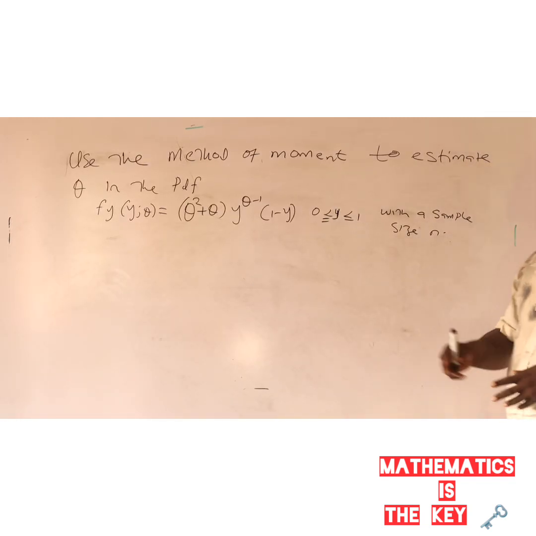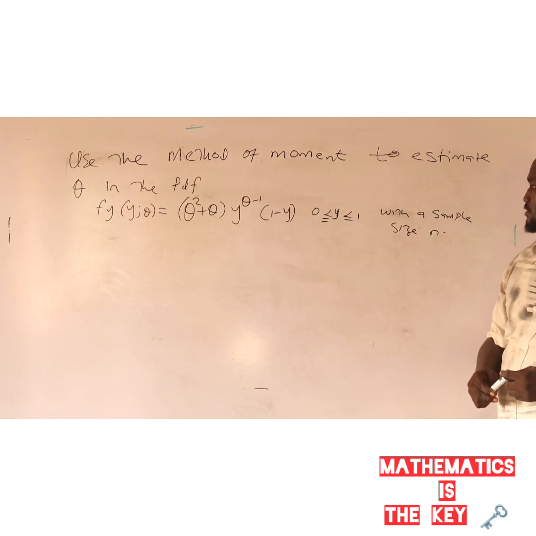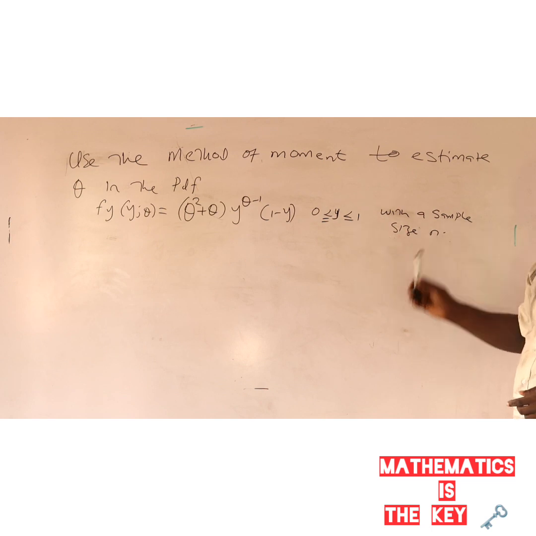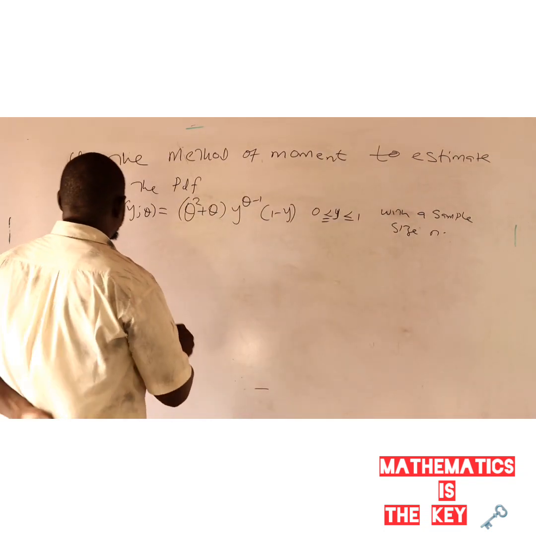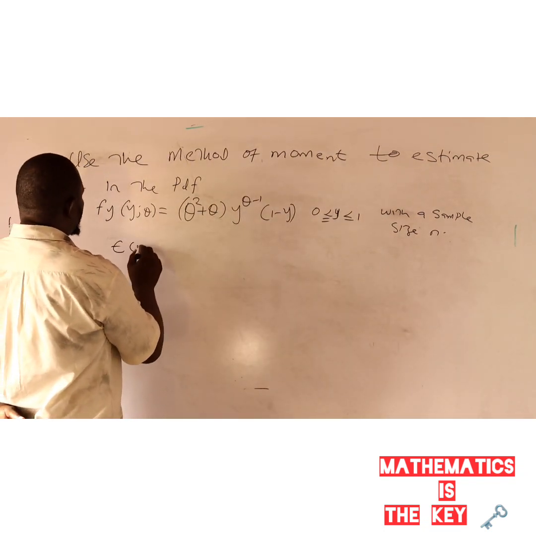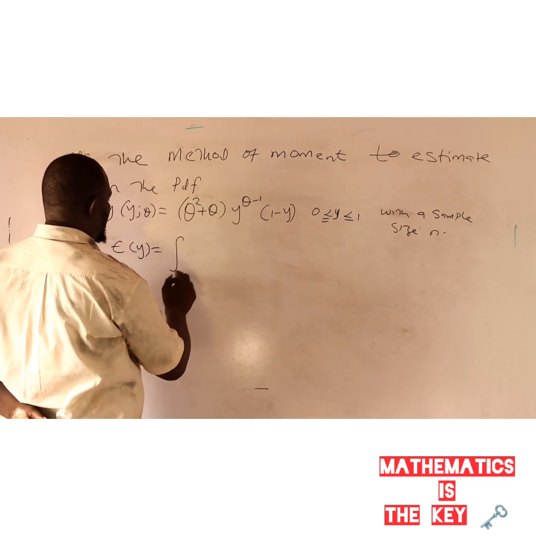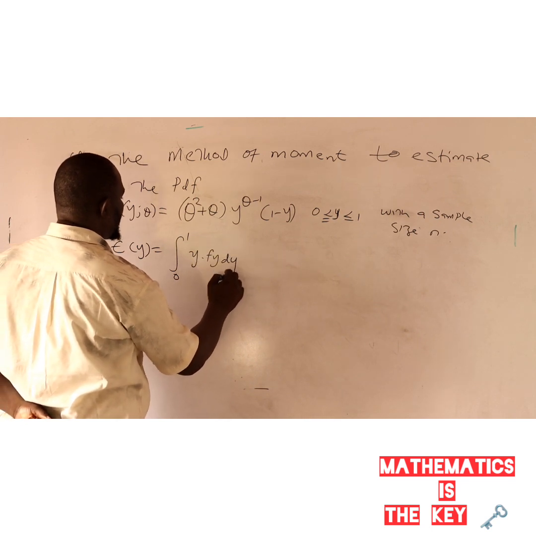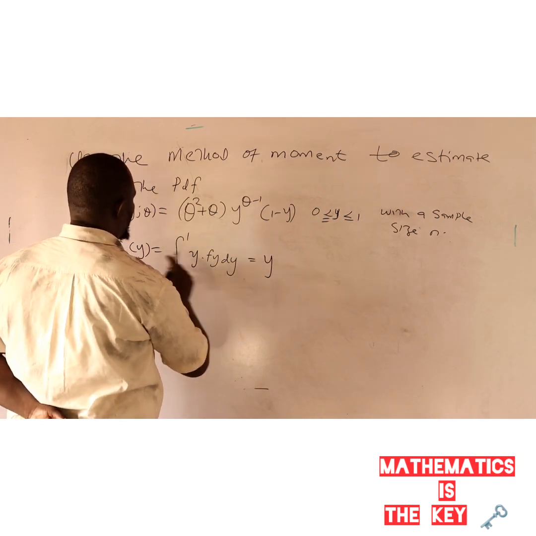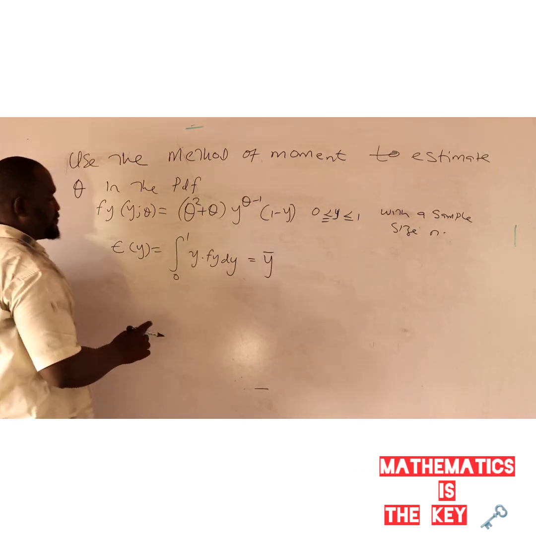Okay, we have this information. Use the method of moments to estimate theta in the PDF, and this is the PDF given to us. It is assumed that the sample size is n. So as usual, by definition, moment is expectation of y. So expectation of y, we say is equal to an integral from the interval here 0 to 1 of y f of y dy, and also expectation of y is equal to y bar.